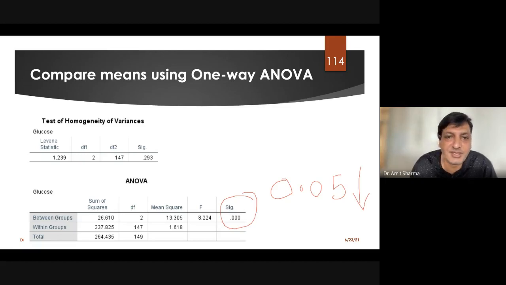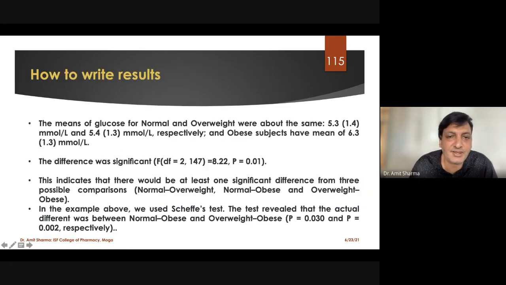So how to write the results? In the first line you can write about the descriptive statistics, that mean glucose level for normal and overweight were about same.